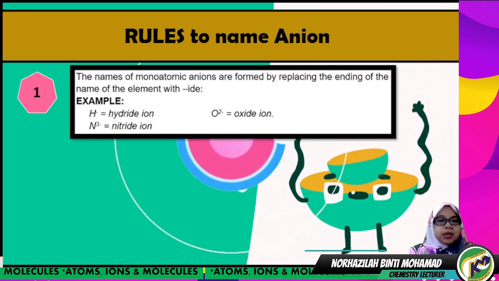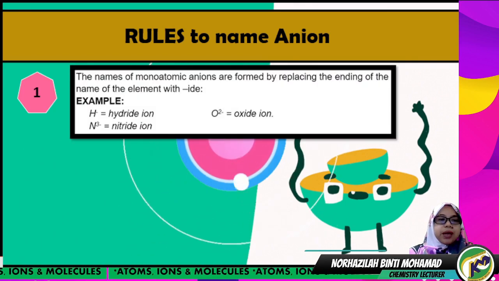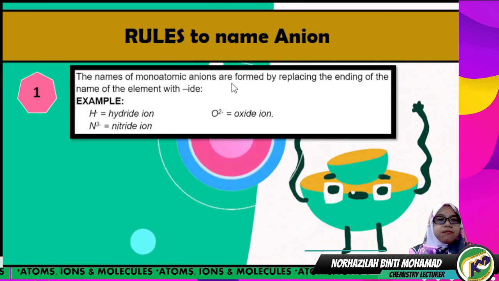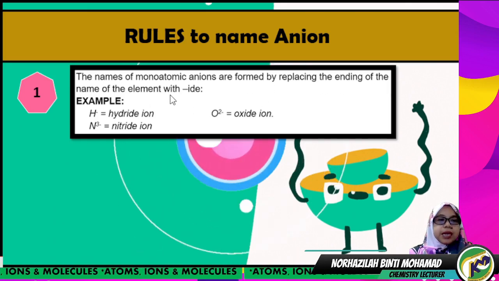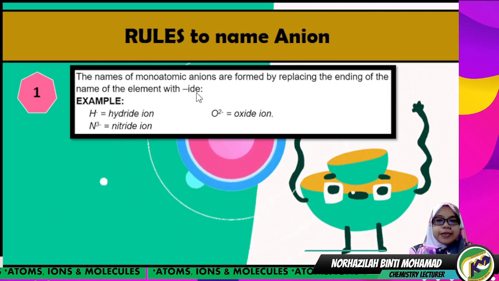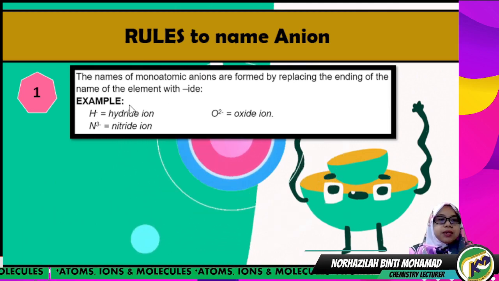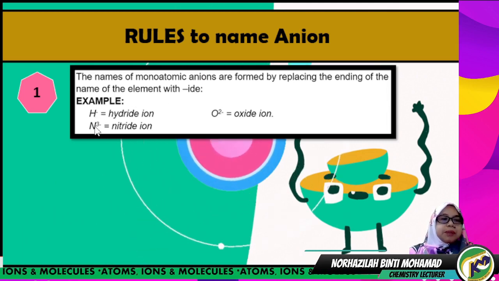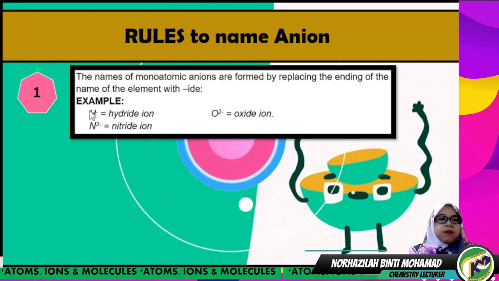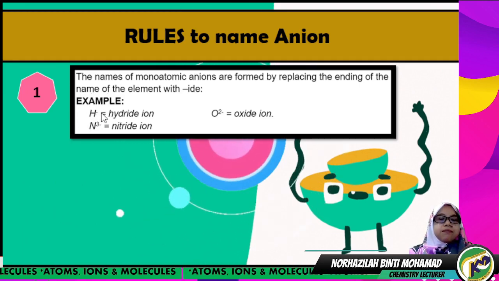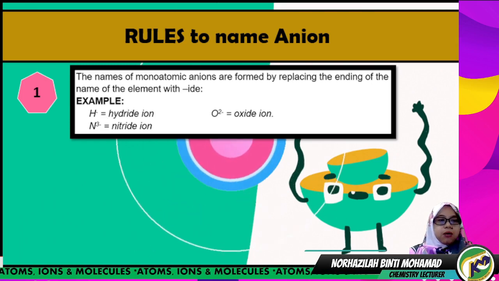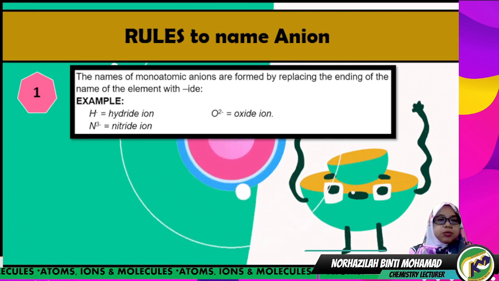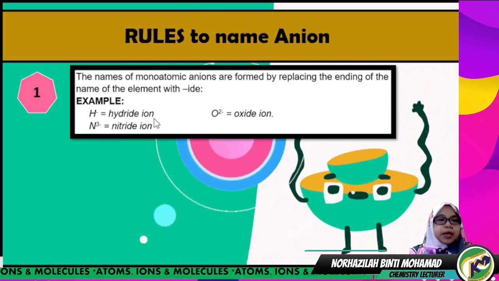The first one is that the names of monoatomic anions are formed by replacing the end of the name of the element with -ide. For example, we have H minus here. The name of this ion comes from the element hydrogen, so we convert the name into hydride ion.